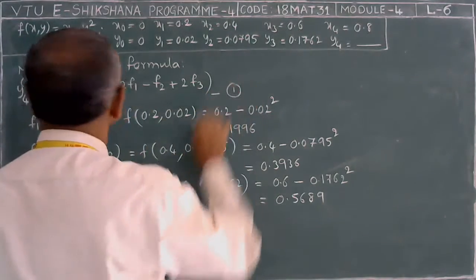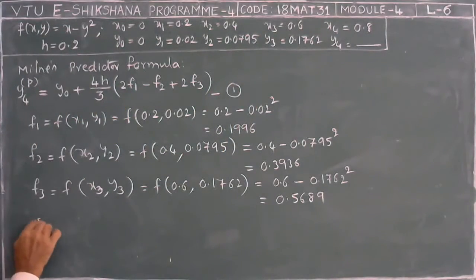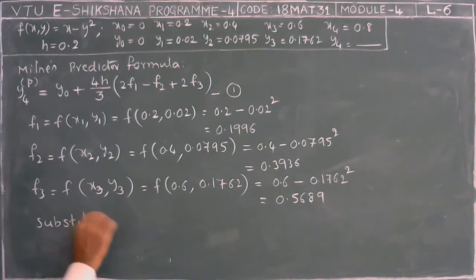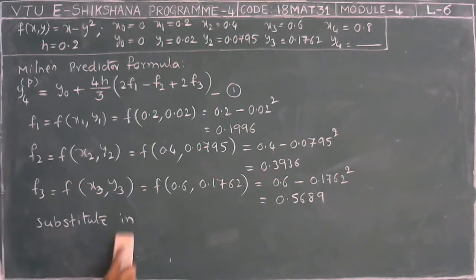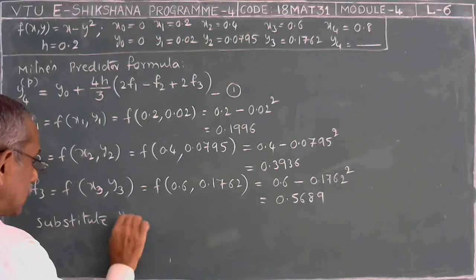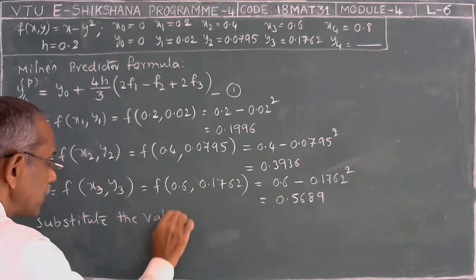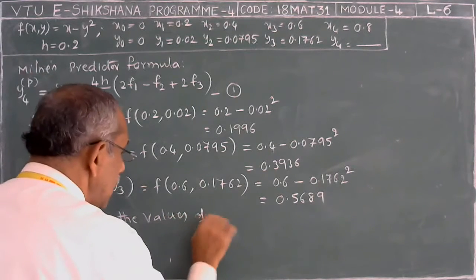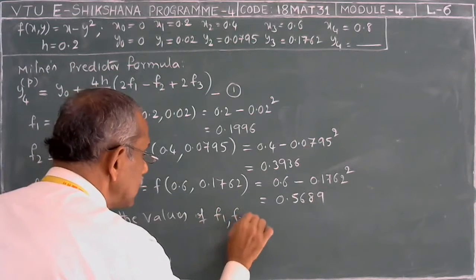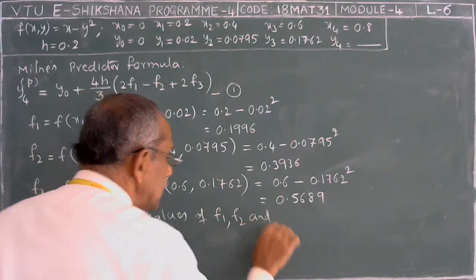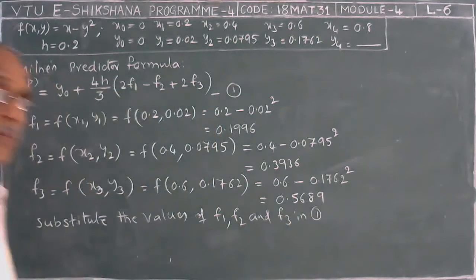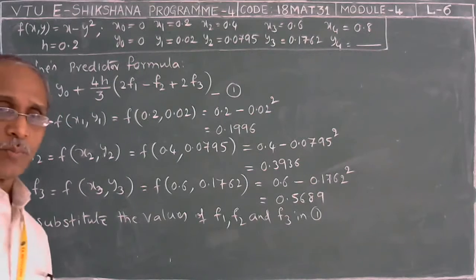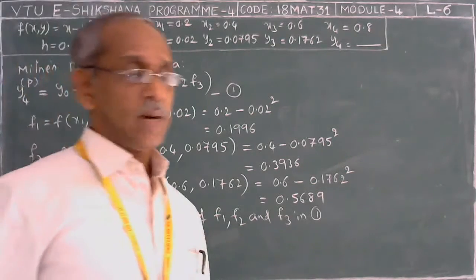Now substitute the values of f1, f2 and f3 in equation 1, the Milne's predictor formula, to predict the value of y at x equal to 0.8.